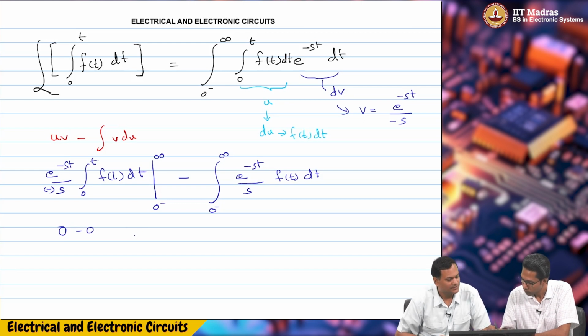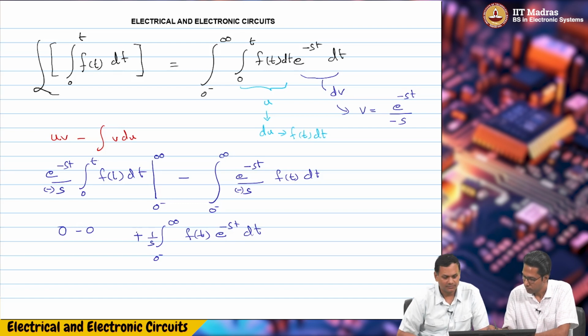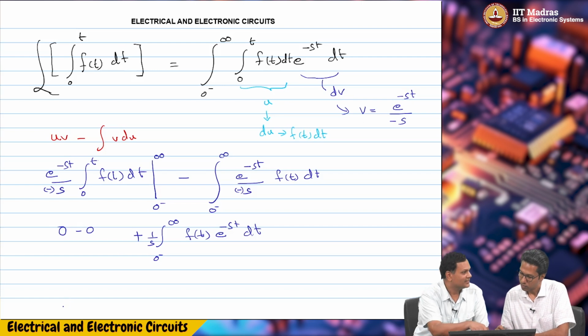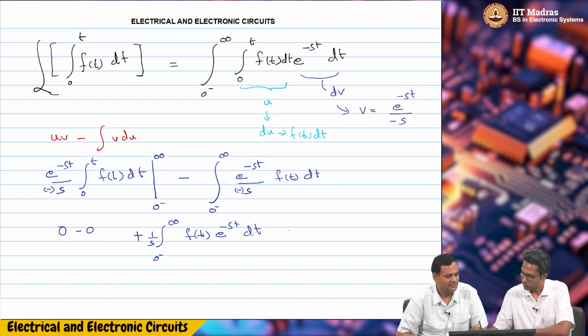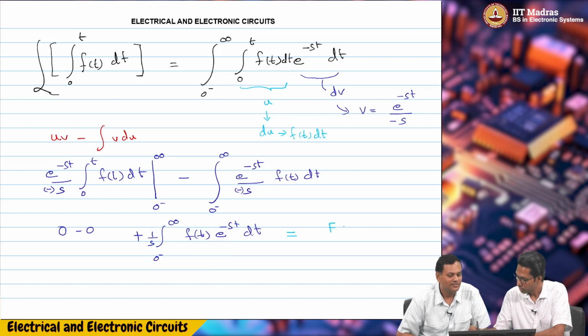Understood. Then the remaining integral, with the minus s, gives 1 by s times the integral of f of t e power minus st dt. You've seen this many times before. So this is F of s itself. So that means F of s by s.